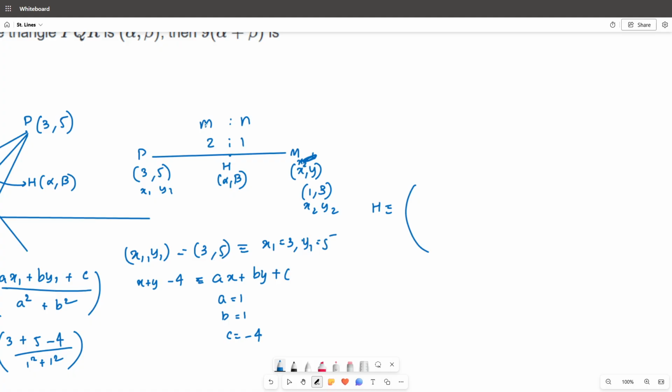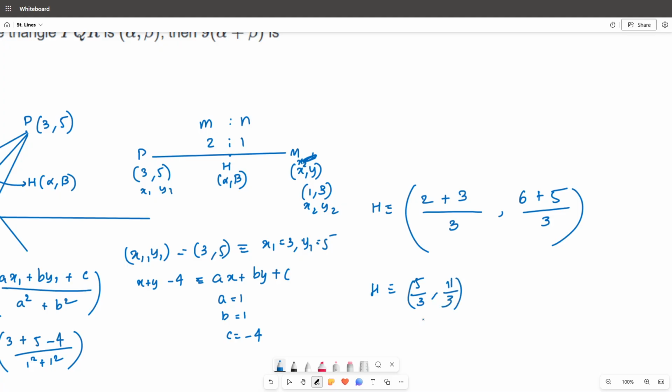So m into x2, that is 2 into 1, that is 2, plus n into x1, that is 1 into 3, that is 3, by m plus n, 3, and comma m into y2, that is 2 3s are 6, plus n into y1, that is 1 into 5 is 5, by 3. So we have orthocenter, that is 5 by 3 comma 11 by 3.